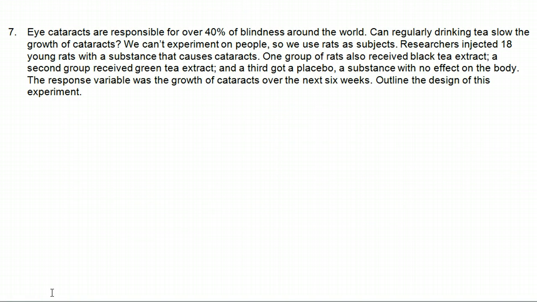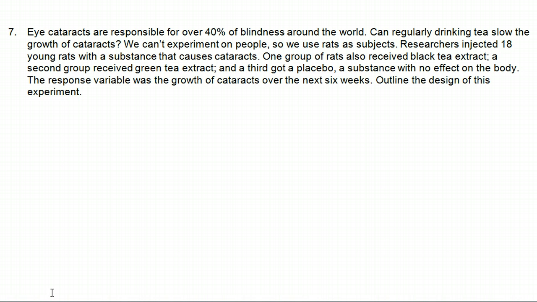All right, last question. Eye cataracts are responsible for over 40% of blindness around the world. Can regularly drinking tea slow the growth of cataracts? We can't experiment on people, so we use rats as subjects. Researchers injected 18 young rats with a substance that causes cataracts.